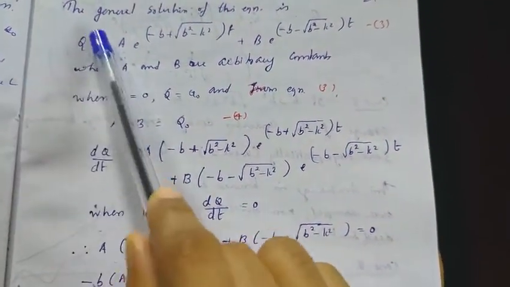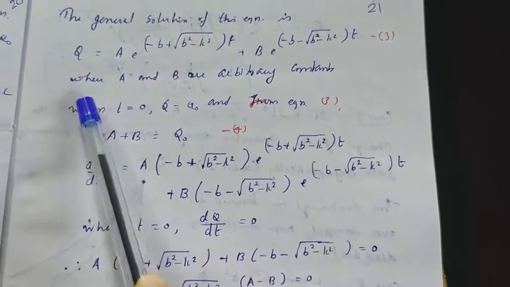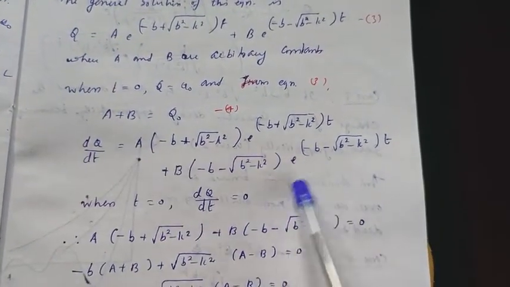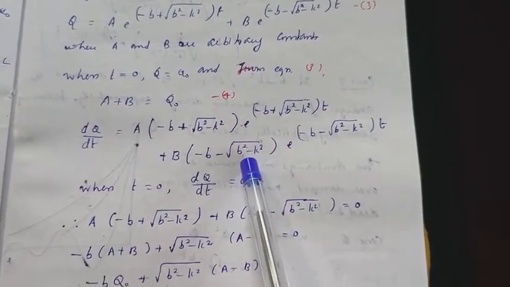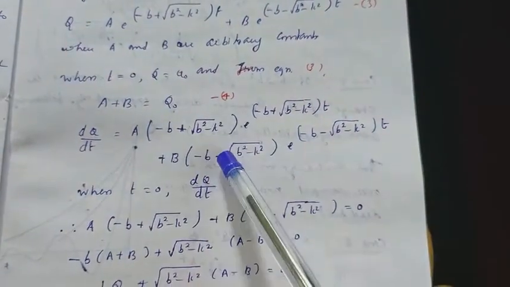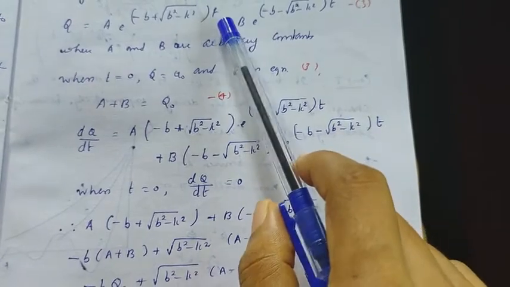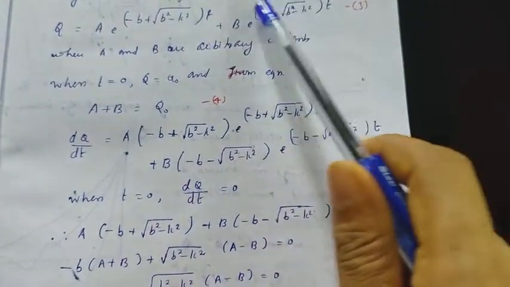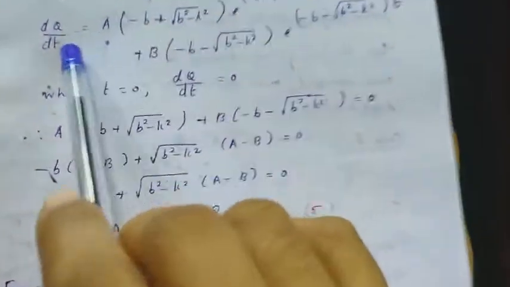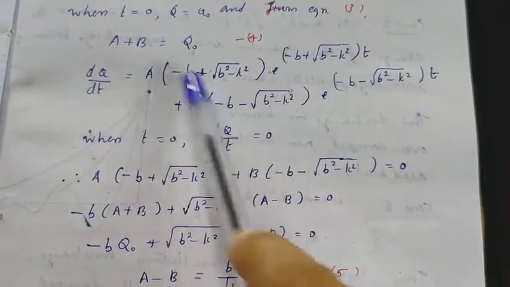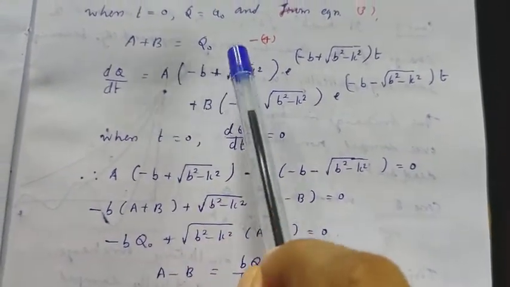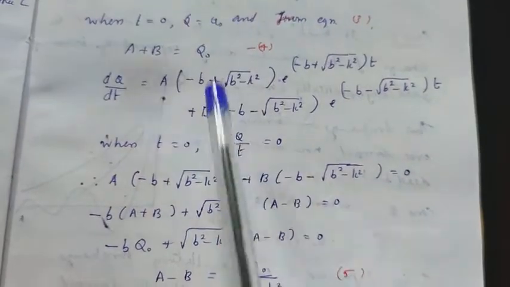And if we differentiate this equation with respect to t, we will get this equation like this. This is in the form of e raised to minus x, and we are differentiating this. Do write it on paper and try to find these steps. It is easy. It's just a differentiation with respect to t.